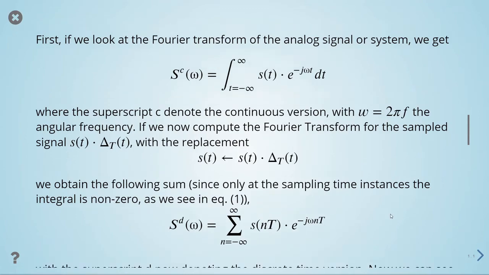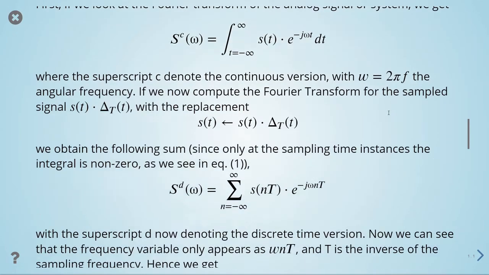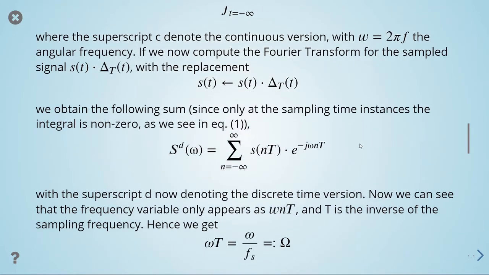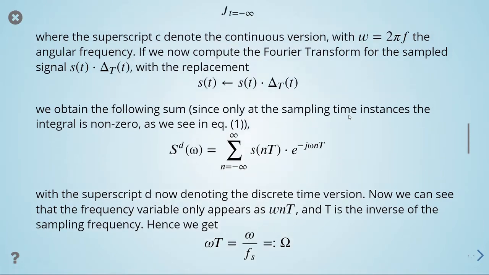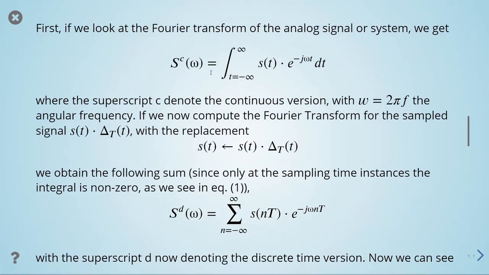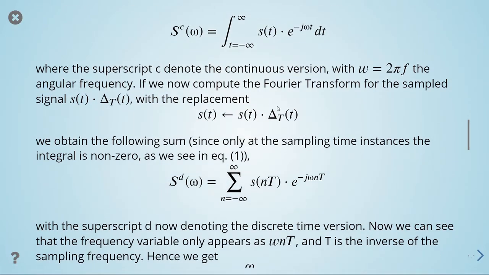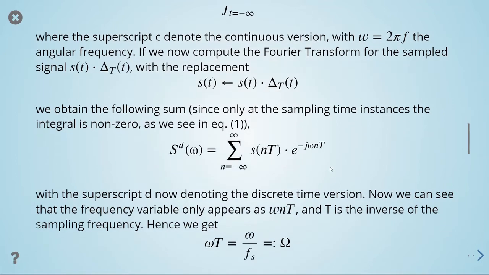We can see from this equation, and we get this sum, and now the superscript d denotes the discrete version. So we went from the continuous version to the discrete version, we made the substitution here, and we go from an integral to this sum.